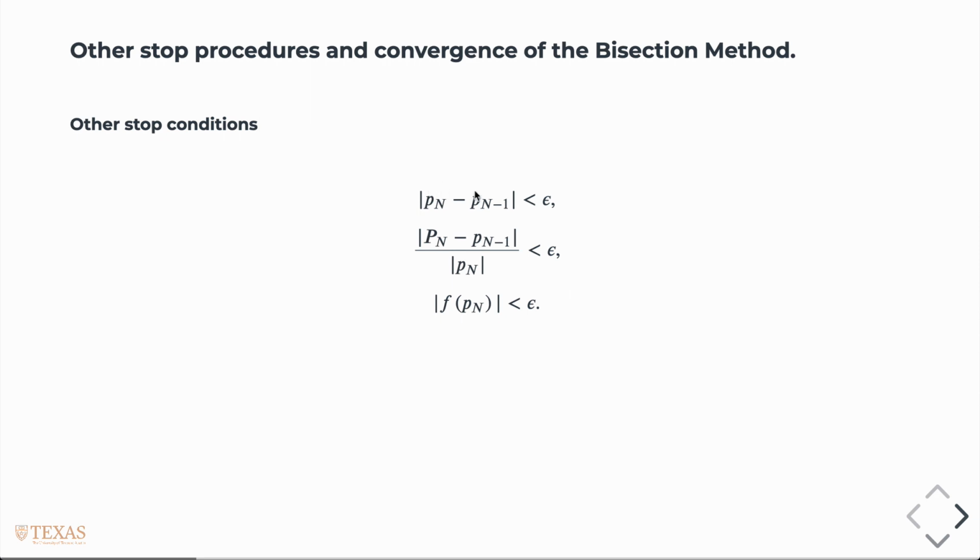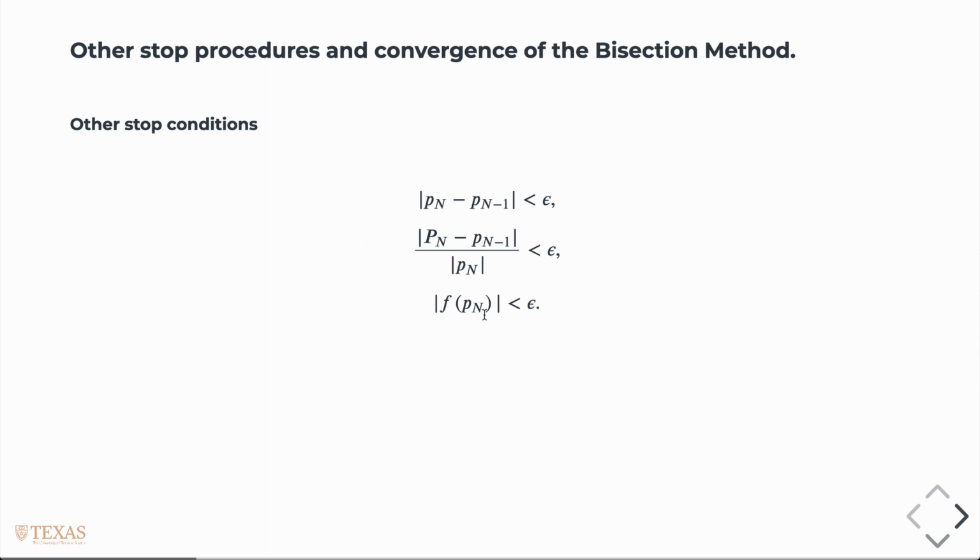Other things we could look at would be, for example, if the absolute change from one iteration to the next of the value P is less than some tolerance, or we could normalize it by the current value of P, or we could just say that the absolute value of the functional evaluation of P, which we know for floating point operations is unlikely to ever be identically 0, is less than some very small number, and then we can assume that it's close enough to 0. So those are some other stop conditions we could use.